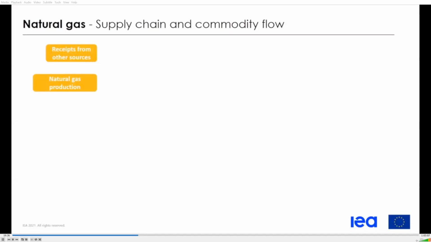Natural gas is mainly produced by extracting a mixture of methane from underground deposits, and also a small share of gas blended into the natural gas grid that comes from oil, coal, or renewables. We also cover in our methodology the infrastructure that connects production with consumption.